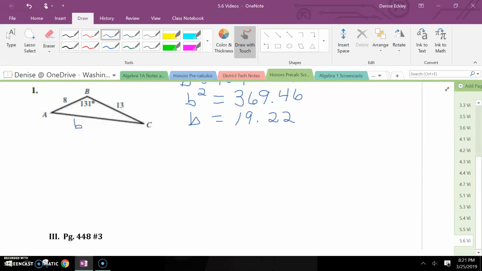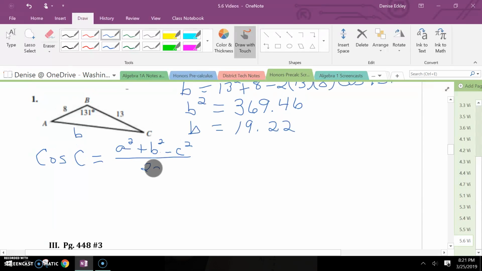So the law of cosines can be rewritten in terms of the angles. So cosine of C can be rewritten as A squared plus B squared minus C squared divided by 2AB. And I'll leave that up to you guys to determine how I got that formula.